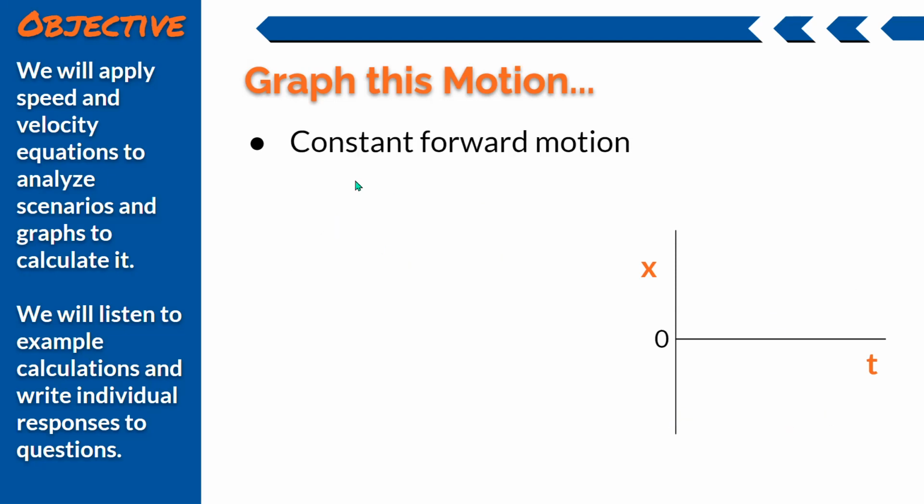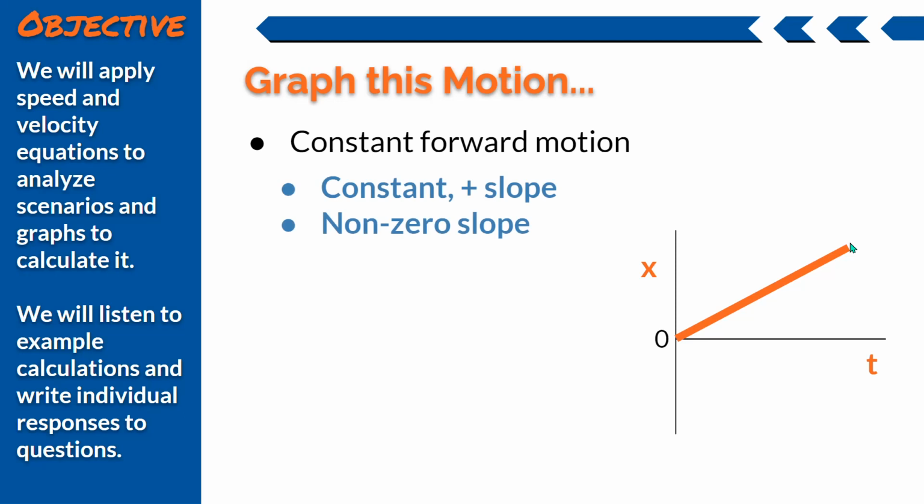How would I show constant forward motion? Well, if I want to show that something is moving at a constant speed, that means it needs to move, let's say, 2 meters each second, then I need to see a line with a constant slope. That each second that passes is 2, and then 2, and then 2, and then 2. And so you're going to see a straight line.